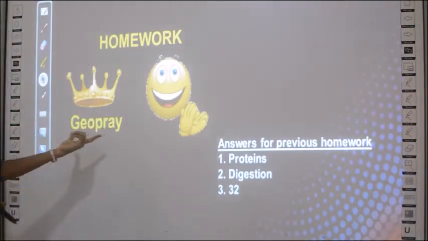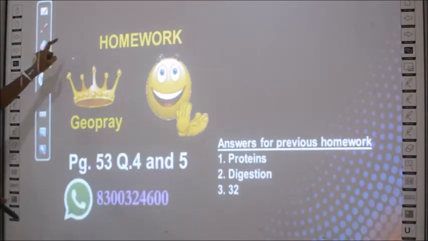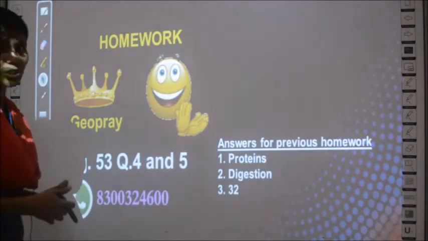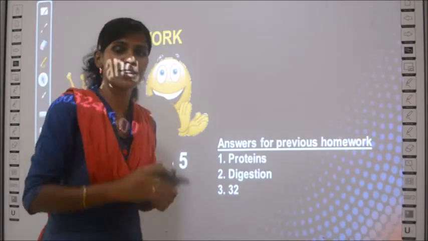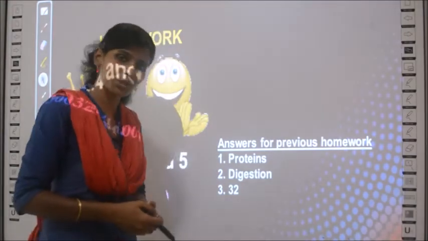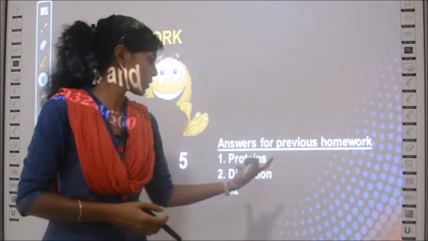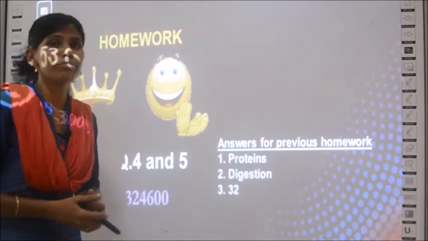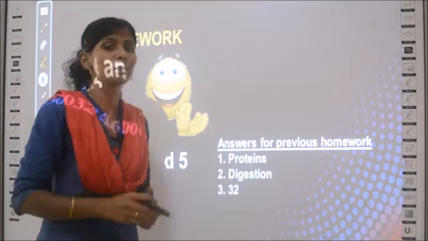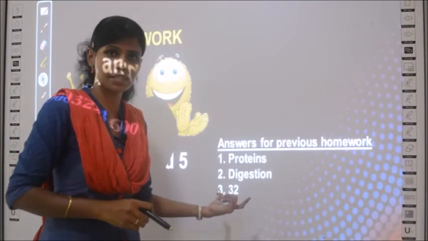It is Geoprey. Okay, so Geoprey sent me the first right answer for the previous zoology homework. So good, and the answers for the previous homework are given below. If you have written wrongly in your textbook, please correct them with the right answers.